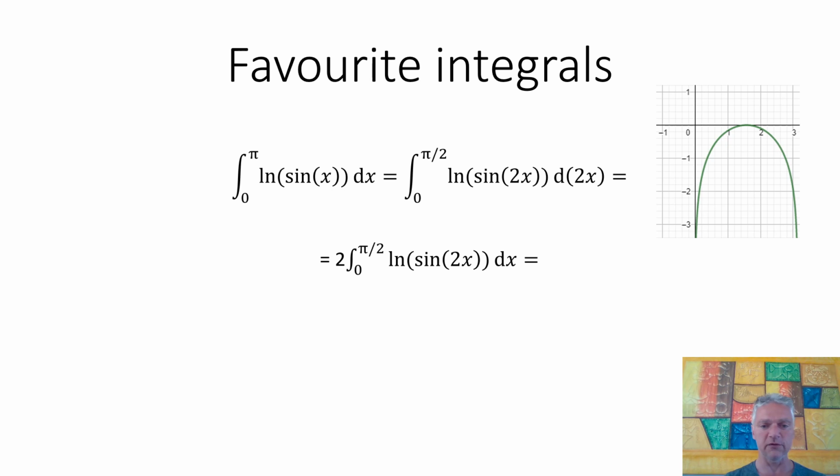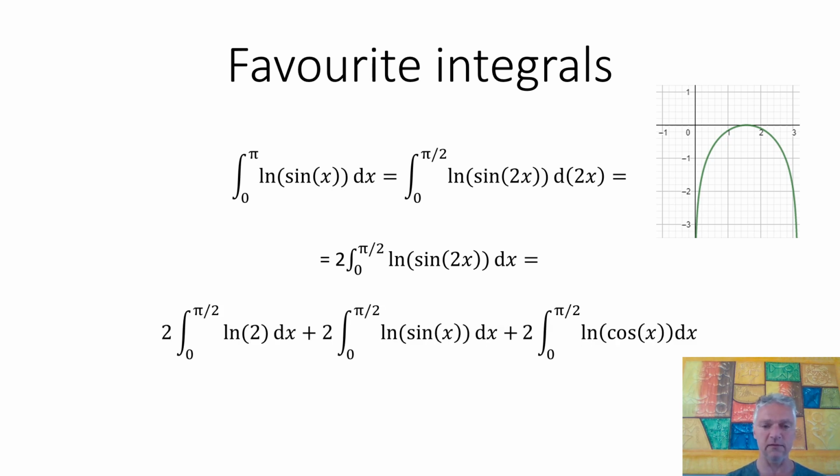So if we've got the natural logarithm of the sine of 2x, that is the natural logarithm of 2 times the sine of x times the cosine of x, we have a number of terms in this way, of course. The factor 2 is now accounted for in a separate integral with just a constant under the integral sign. That is 2 times the integral for x running from 0 to pi divided by 2 of the natural logarithm of 2.